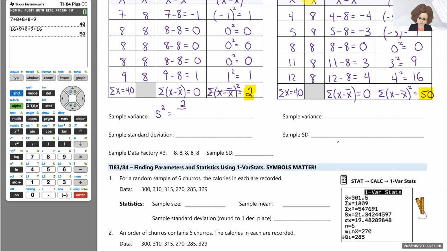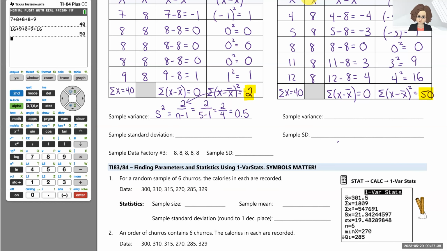So that 2 is the numerator. And then we divide by n minus 1. So I'll just write n minus 1 first, and then we'll substitute. All right, so 2 over. Our n, our sample size, was 5, so 5 minus 1. So in this case, 2 divided by 4, and that will be 0.5.